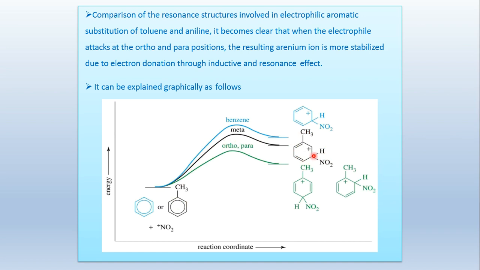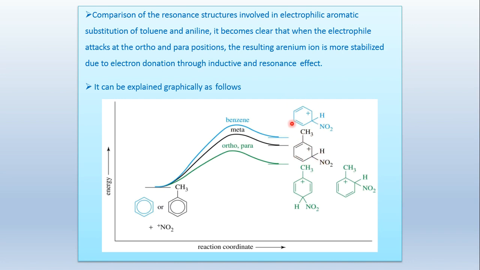But the energy of the intermediate obtained by meta attack is still somewhat lower than benzene, because this methyl group, which has plus I effect, is somewhat increasing the electron density inside the ring system and decreasing the positive charge, so it makes it more stable compared to the benzene ring.